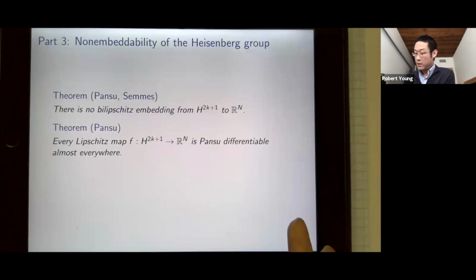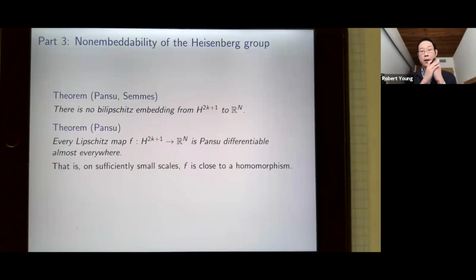That means ordinarily, if I have a map from R^m to R^n, differentiability means that that map can be approximated by a linear map on sufficiently small balls. Pansu differentiability is very similar. On sufficiently small scales, this map is close to not just a linear map, but actually a homomorphism from the Heisenberg group to R^n. But because the Heisenberg group is non-abelian and R^n is abelian, you can't construct very good homomorphisms.